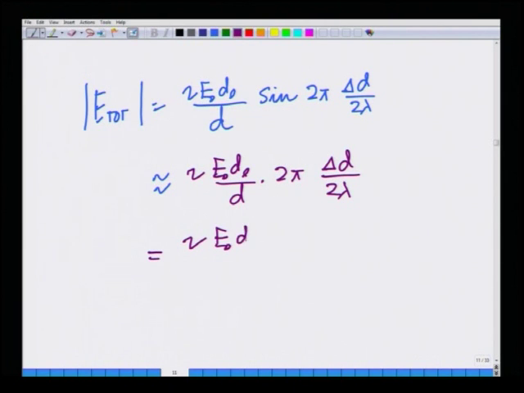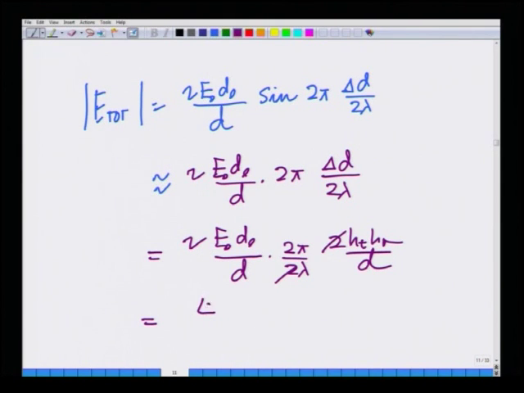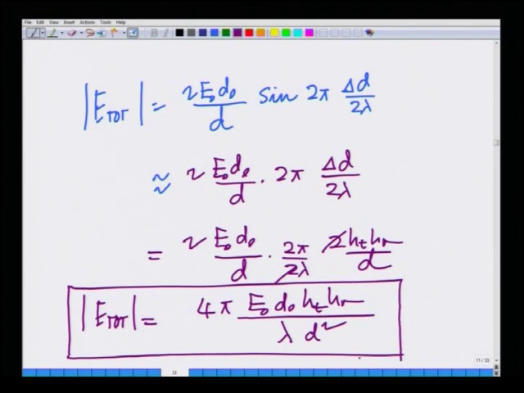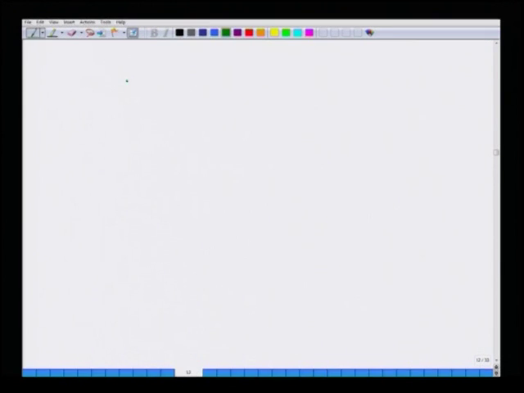And now I essentially replace delta d by 2 ht hr by d, which is essentially equal to 4 pi E naught d naught ht hr by lambda d square. Hence, the most important idea here is that the magnitude of the received signal strength is proportional to 1 by d square, which implies the power that is received.